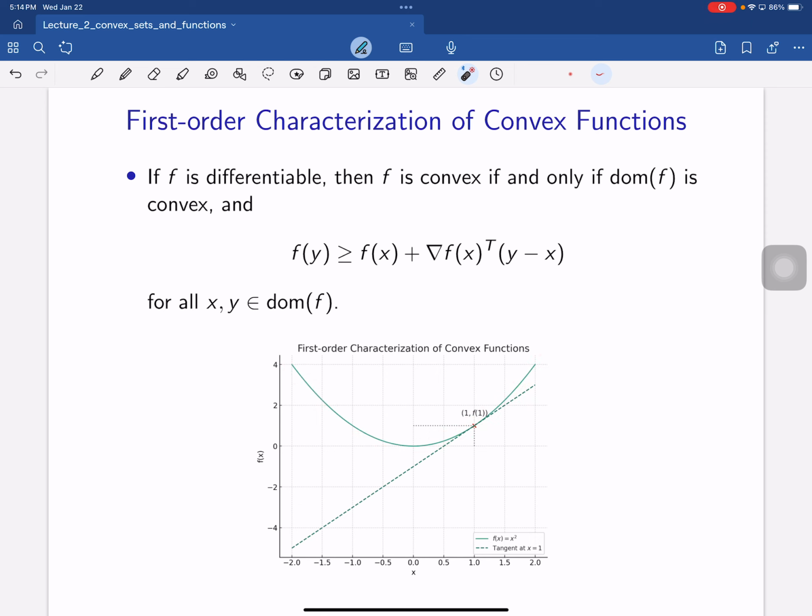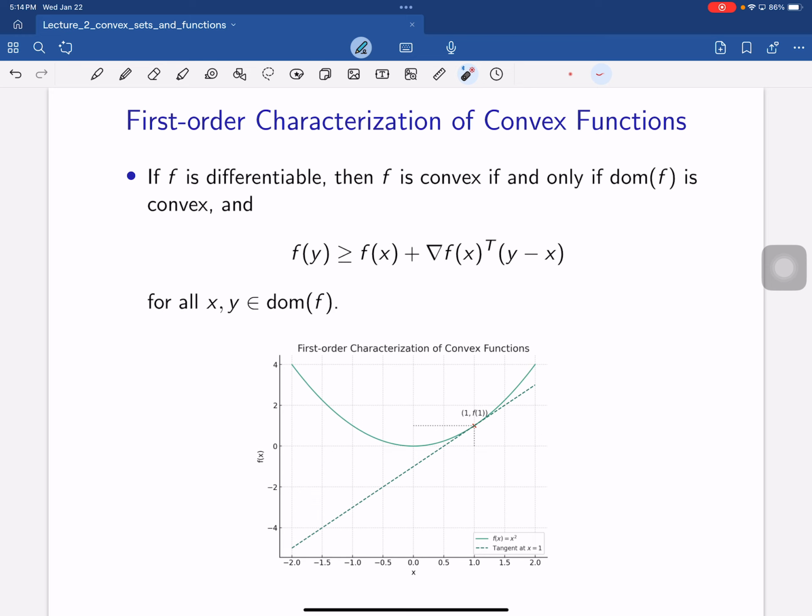Now, the first order condition means if you pick a point here and then draw the gradient at this point, the gradient gives you this particular linear function, right? So if you use a first order Taylor series approximation, that gives you this function. This first order Taylor series approximation at this particular point always underestimates the function. That's what this means geometrically.